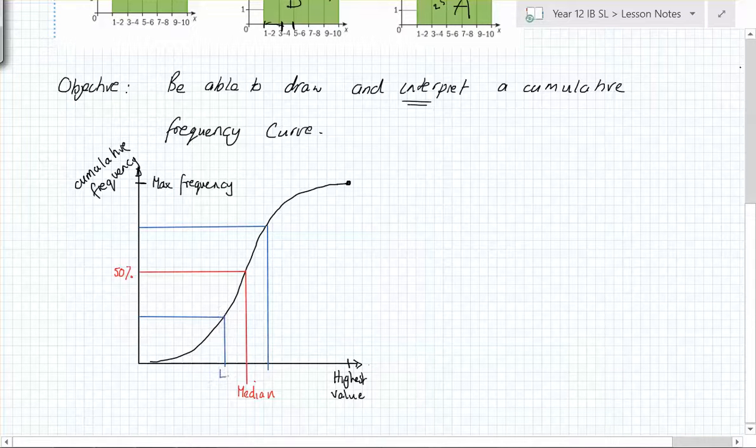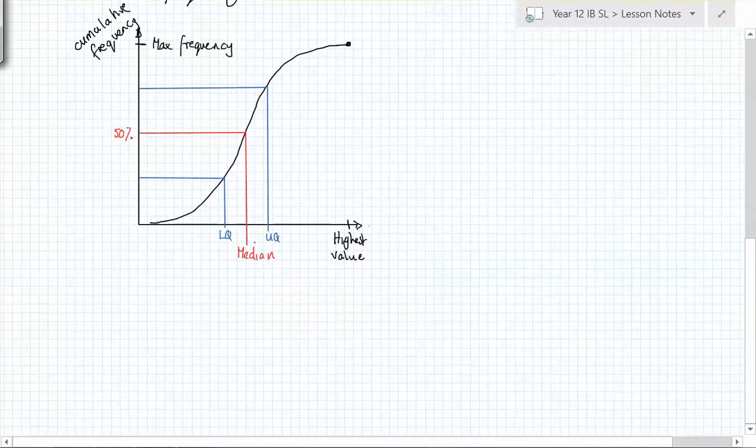So this value would be my lower quartile, this would be my upper quartile, so the distance in between would be the interquartile range. Okay. And this point here would give me my minimum value, and this one would be my maximum value.